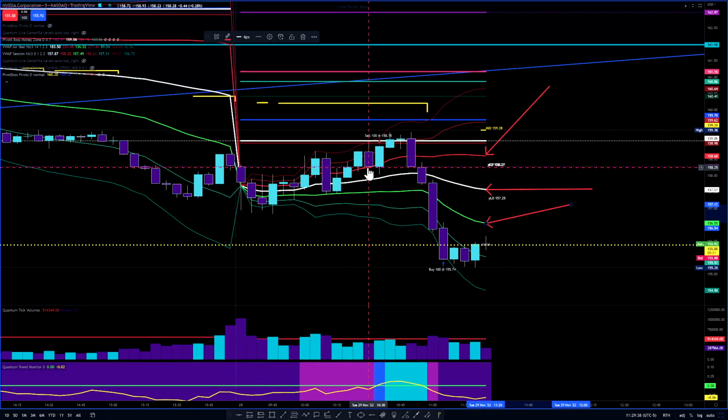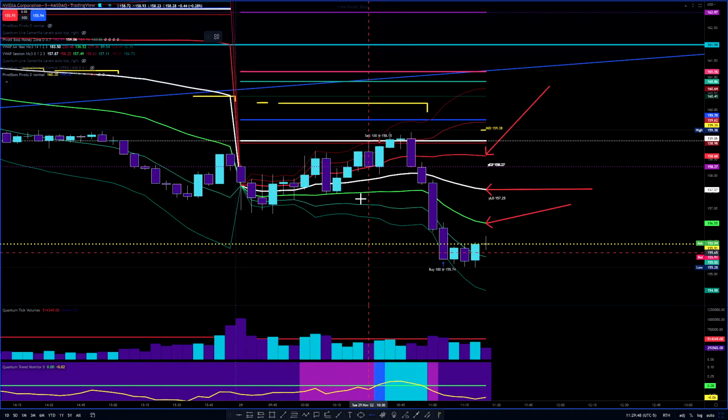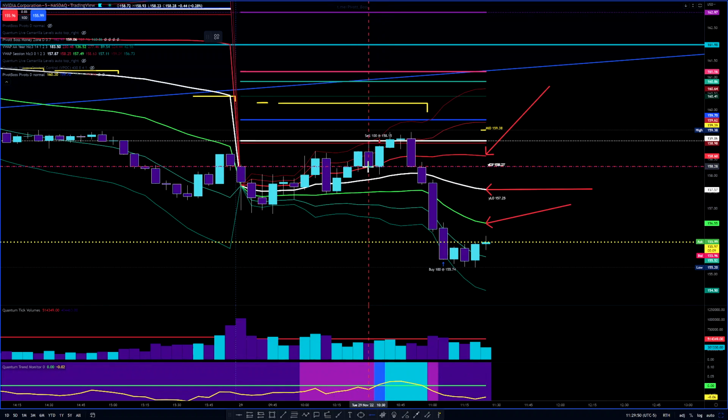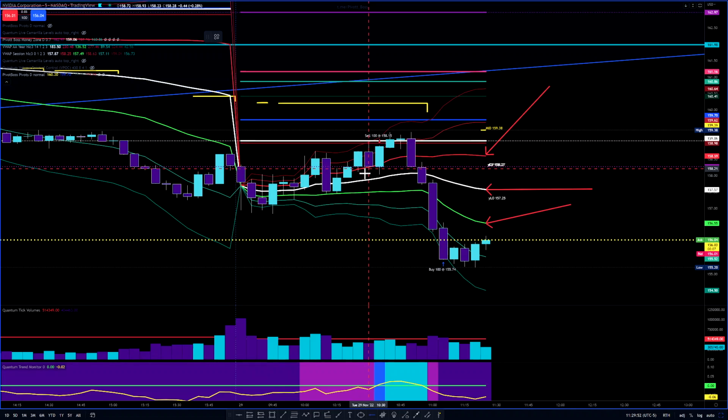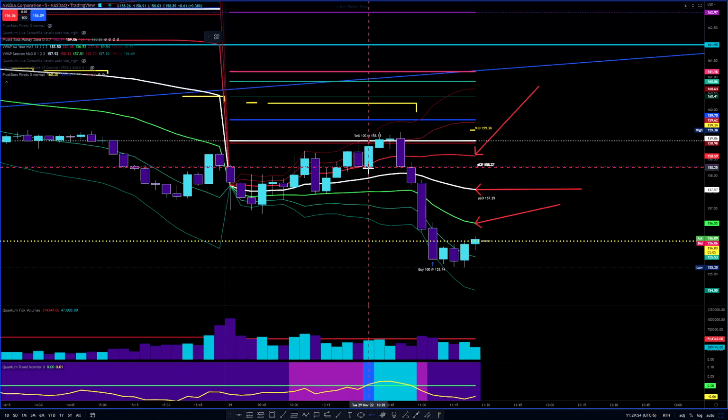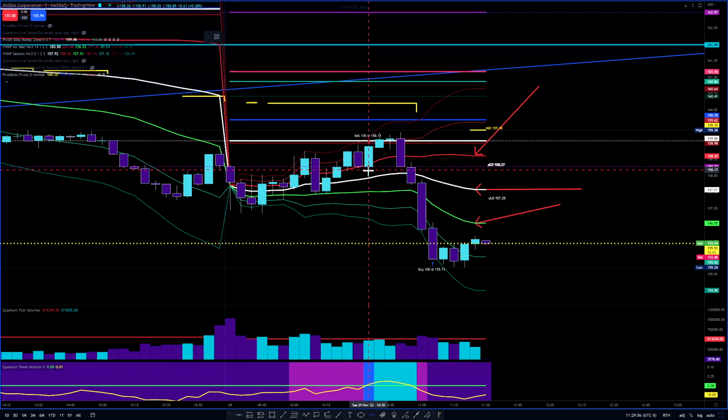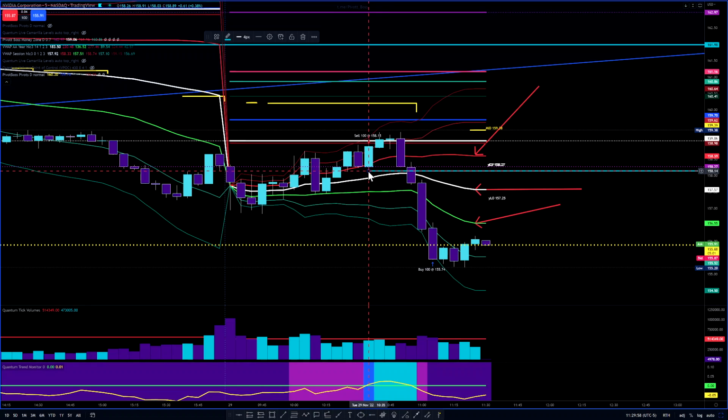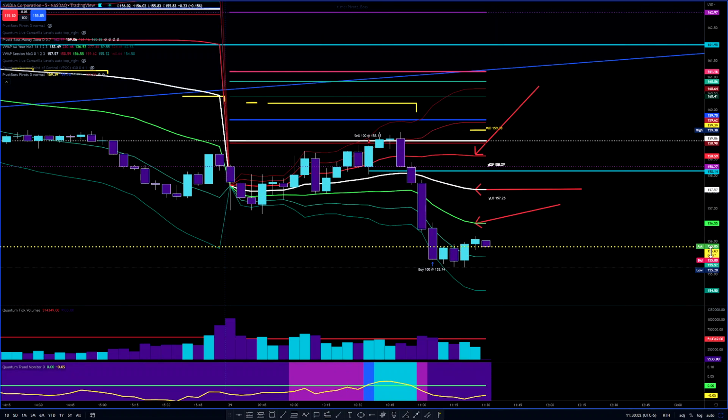It created this down candle here, which is signifying a reversal candle, right? As you can see here, I made a trade at 158.15, which is around here. Let me see if I can make that a little bigger.